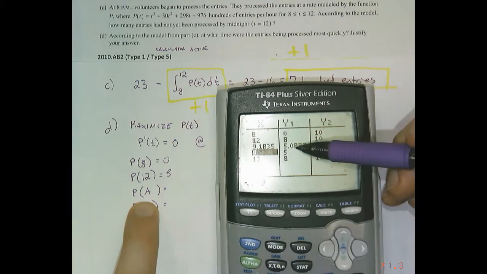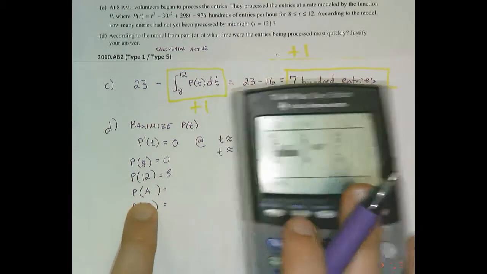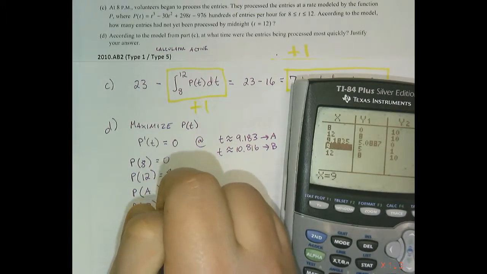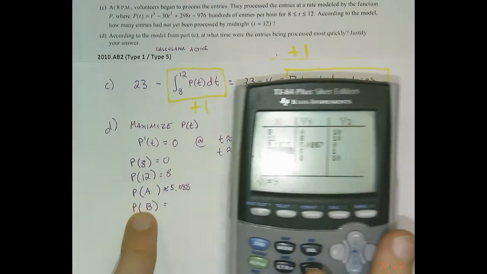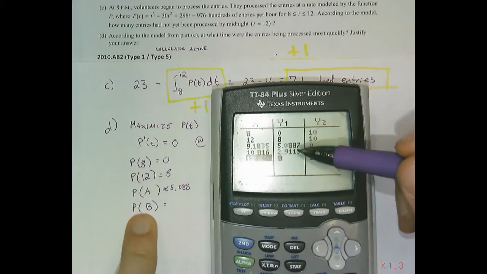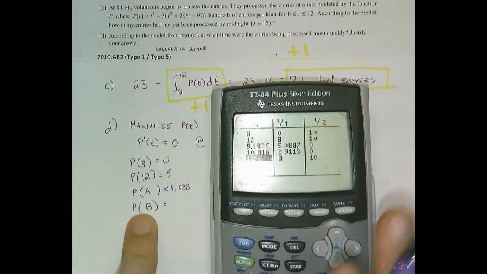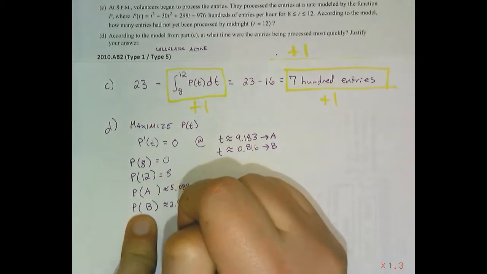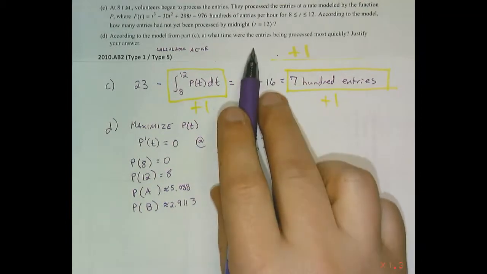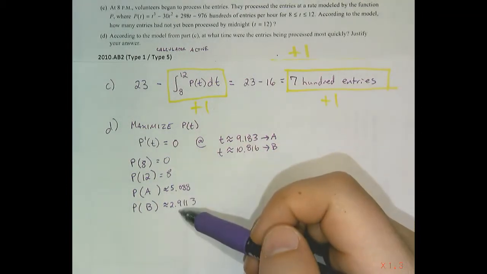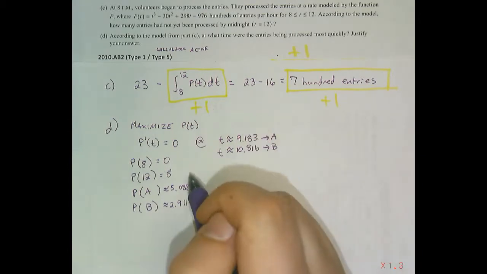A returns a value of 5.0886, roughly. And then B returned a value of 2.9113, approximately. Our goal was to find processed most quickly, so which of these is the maximum.